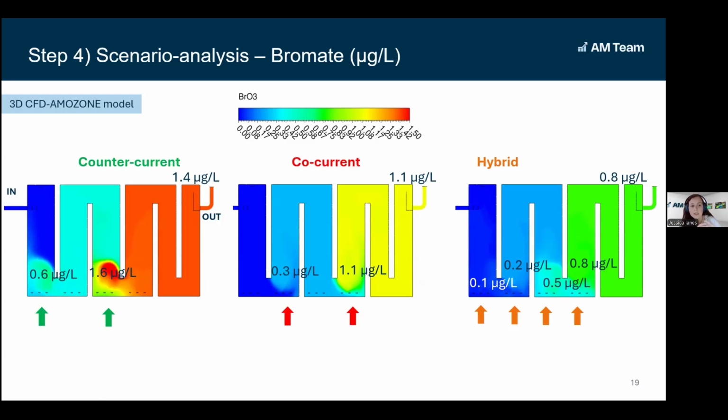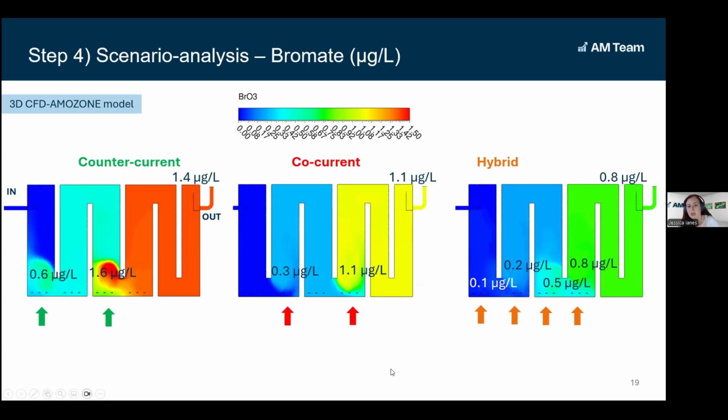But we can also actually improve more the performance in terms of bromate formation using co-current or hybrid configuration. Thanks to this major spread of ozone concentration in the co-current, we are below the counter-current emission of bromate, and we reach 1.1 microgram per liter.